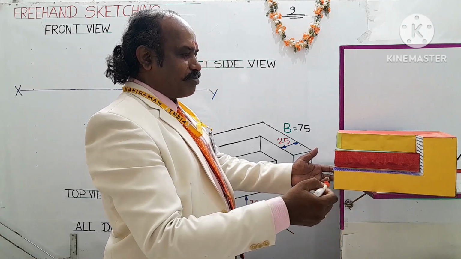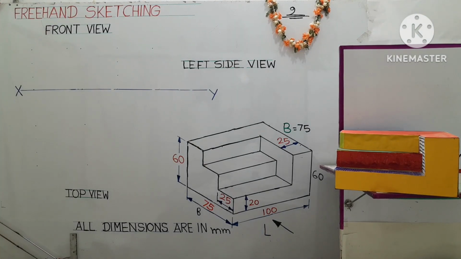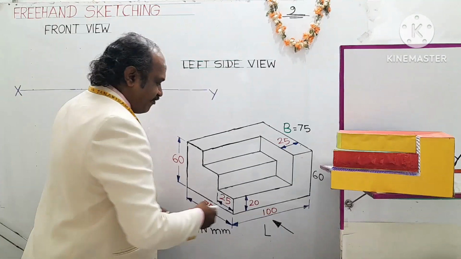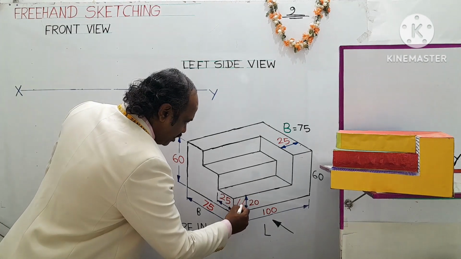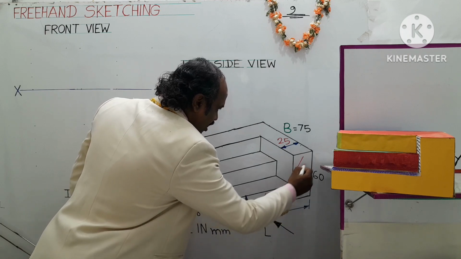So the view obtained is called a front view, showing the length and height of the object or the component. Looking in this direction, called the observer's direction, the surface which will be visible to the observer will be the height, showing the thickness of the base, the thickness of the first step and this part.